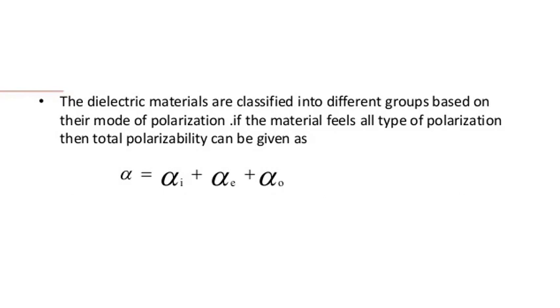Here alpha I is the contribution due to ionic polarization, alpha E the contribution due to electronic polarization, and alpha O the contribution due to orientation polarization, which is in polar molecules. One contribution may be more, may be less, depending on the materials. In some, alpha I is more, in some alpha O is more, or alpha E is more.